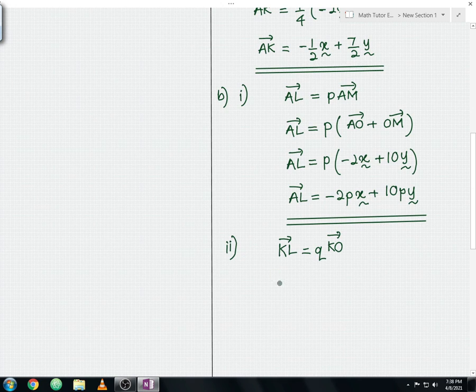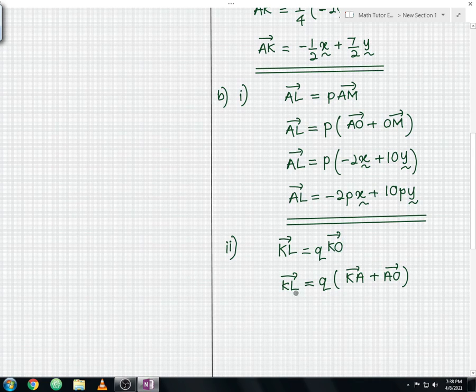Okay, let us calculate together. From here vector KL is equal to Q times vector KA plus vector AO. This vector KO you can break down into two vectors, because KA plus AO you get back vector KO, guys. Okay, it is understood.